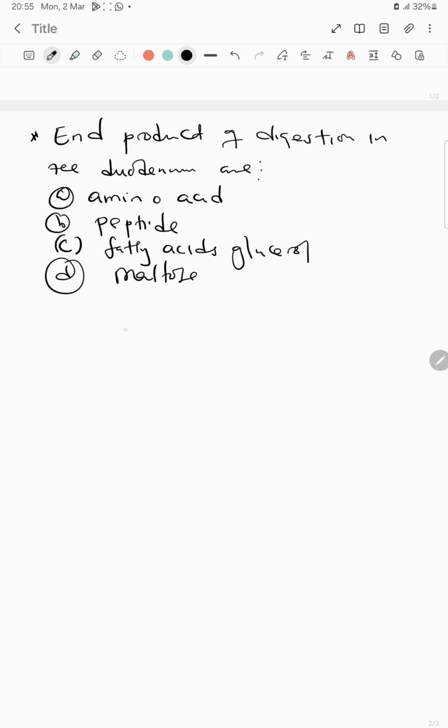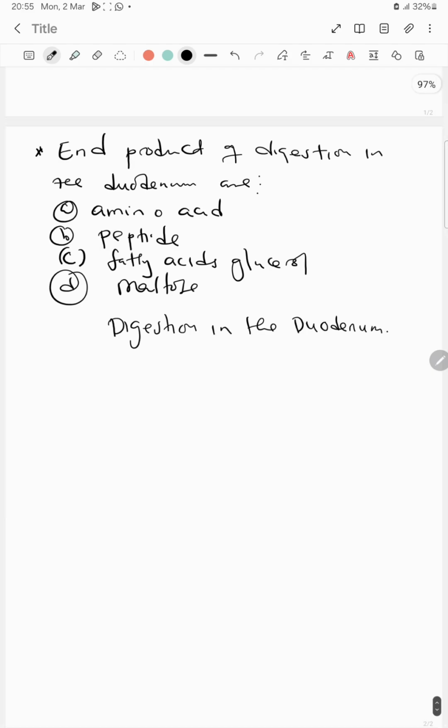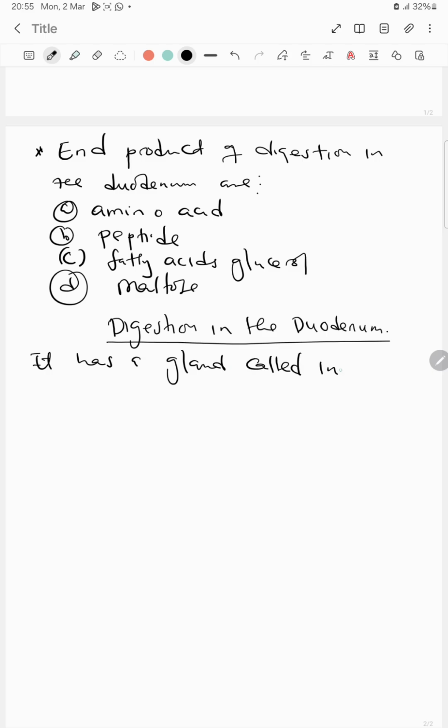Now we look at digestion in the small intestine. It has a gland called the intestinal gland that produces intestinal juice.